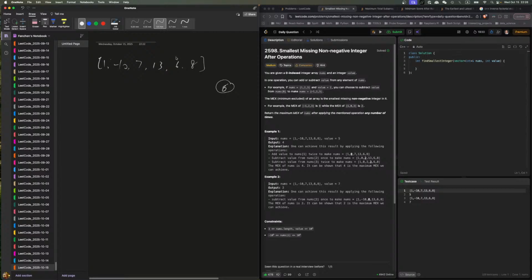For the values, I guess we don't worry too much about them. I wonder if we should first sort it. Like if it's a negative value, your only value is to get a 0, right?